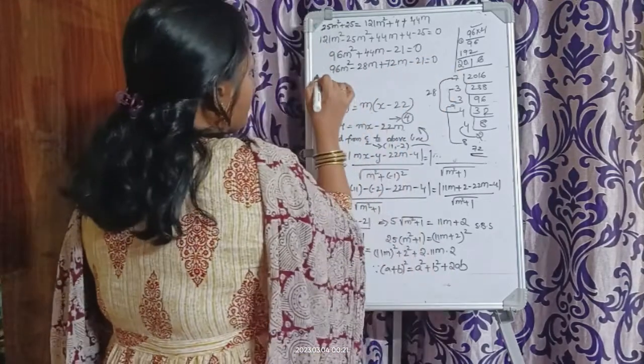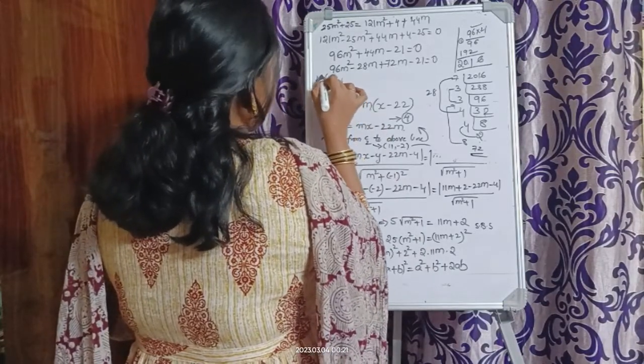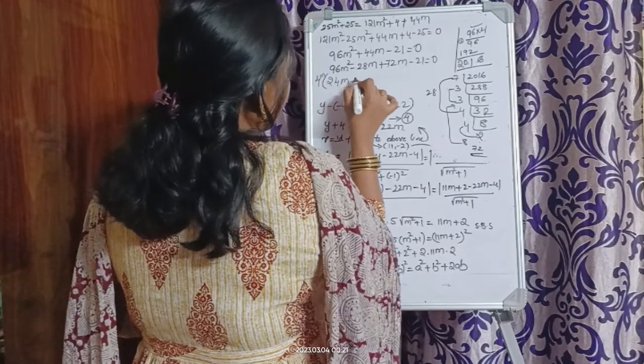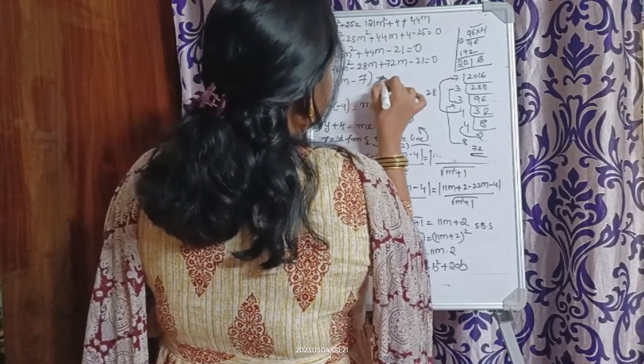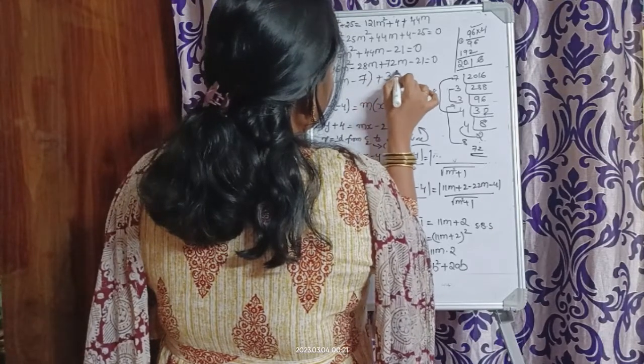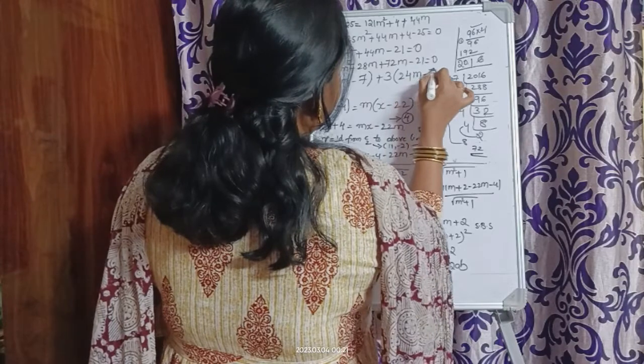If I take 4 common here, it is 4m times (24m minus 7), plus again in this I will take 3 common, 3 times (24m minus 7).